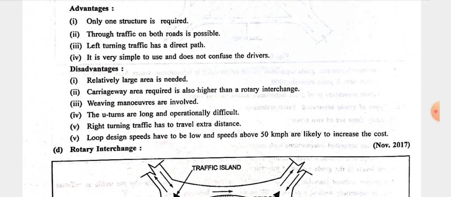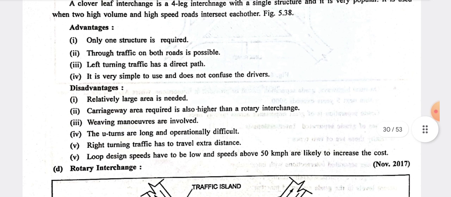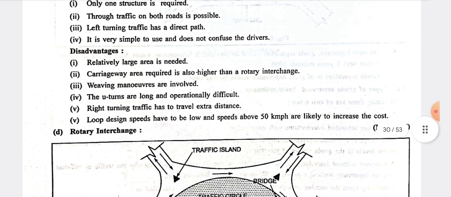Relatively large area is required, because the diversion road is connected and requires a large area for changing the gradients. Second, the carriageway required is also higher than the rotary interchange.